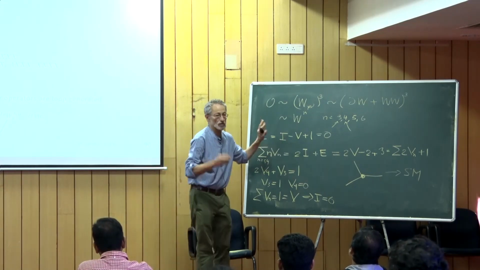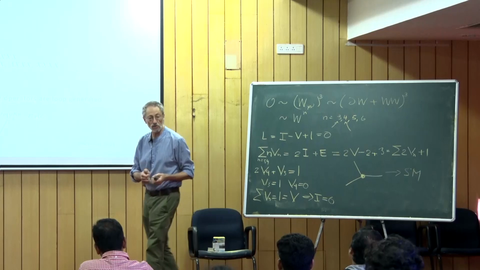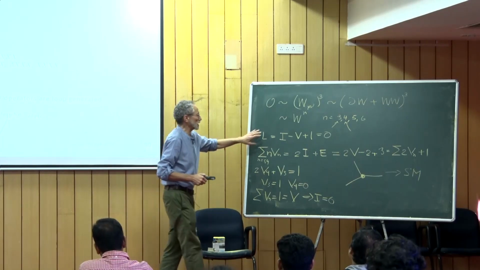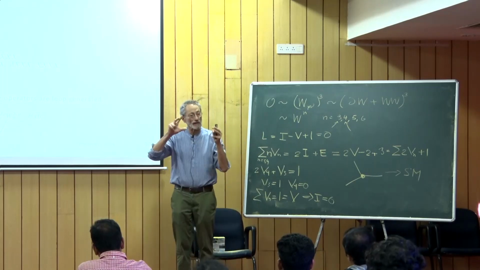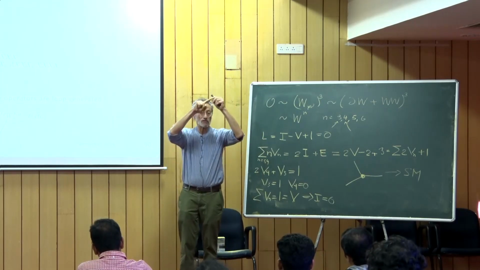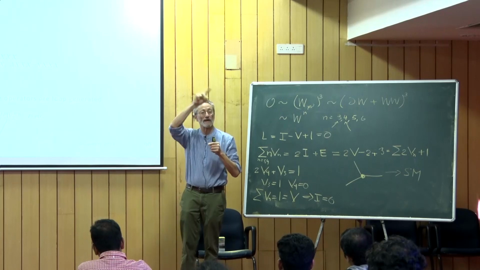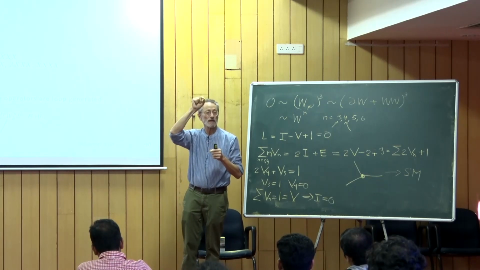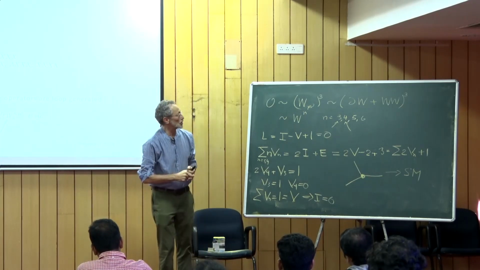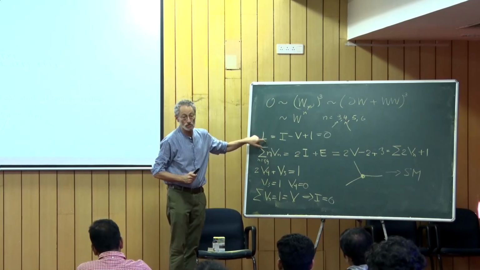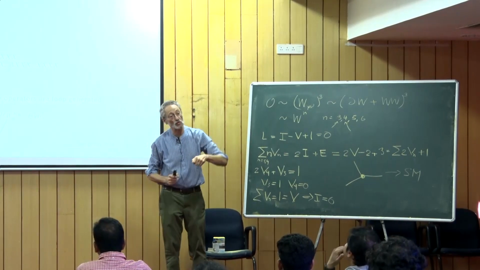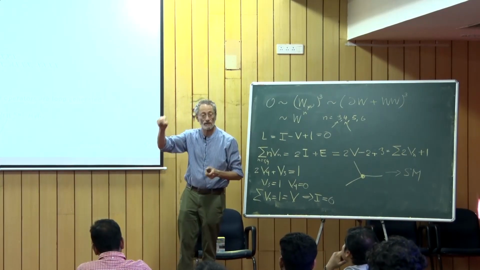But this is completely general. This comes out, again, of just counting: when you put a graph, each vertex has to obey energy momentum conservation between each of the vertices. So these are the number of free integrations that you get after you impose energy momentum conservation at every single vertex.